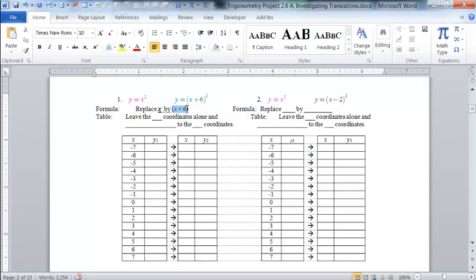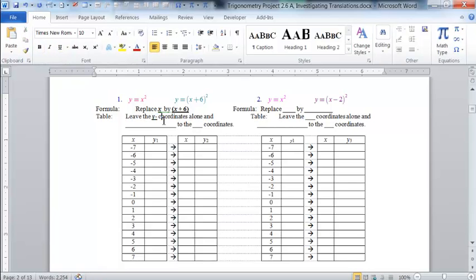So in the formula, I've replaced x by x plus 6. Okay, so since this is a change in the x's, we're going to set up this table in such a way that the y coordinates are left alone. So the y coordinates are not going to change.